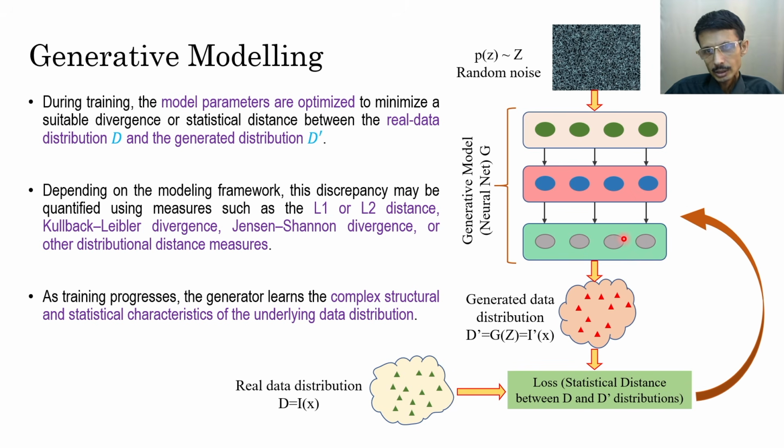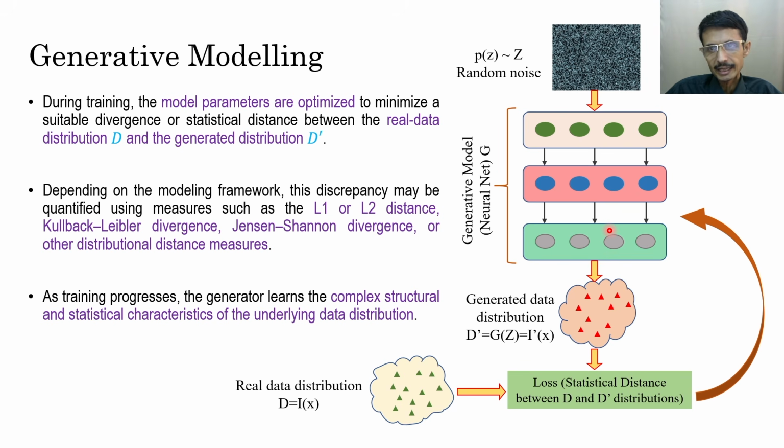As we have mentioned, the generator is a neural network, or better to say a parameterized neural model, that takes input from random noise, the latent space, and generates some outputs. The distribution of these outputs is such that it mimics, or is very similar to, a given real data distribution.